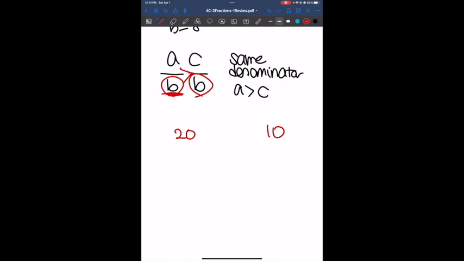And B, the denominator, is the number that is dividing. Let's say we're dividing by 2.